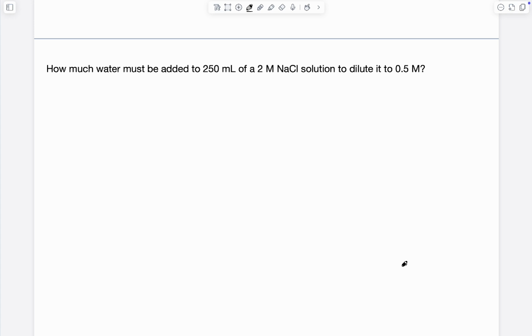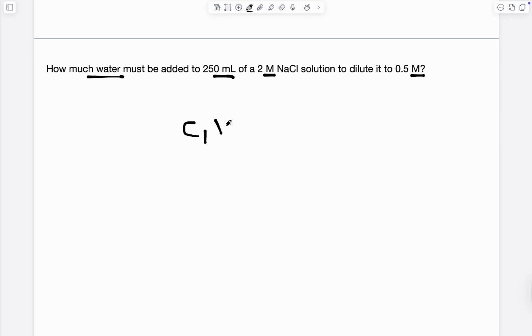So what I like to do is look at my units. A lot of our units are corresponding: we've still got molar and we've got molar here, and then we've got mL, and we need to work out how much water it is, so I presumably would think mL. When I know that I've got units that are somewhat the same, then I like to sub it into C1V1.